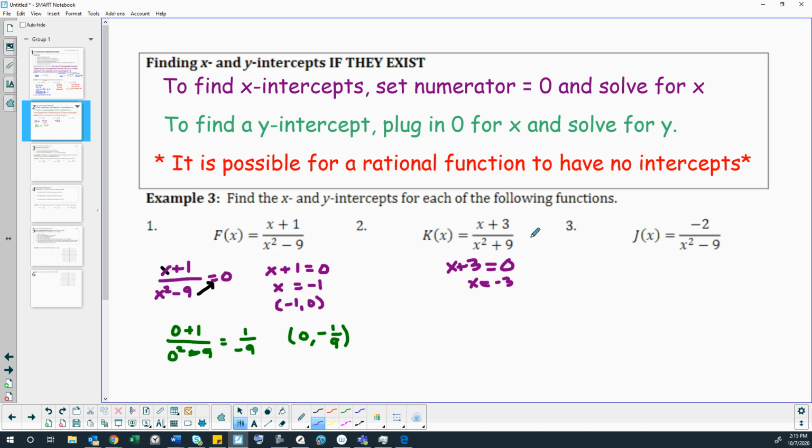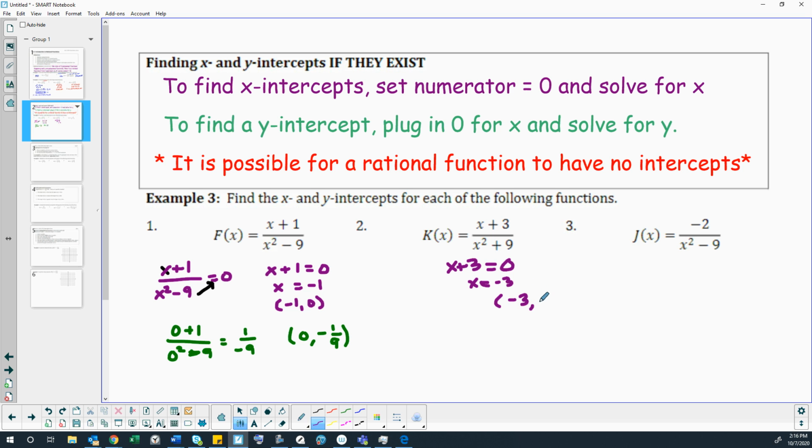Or if it was a cubic, we would get 3 x-intercepts if they were real numbers. I just wanted to make sure that that was clear, that it might be more than one x-intercept, although it'll never be more than one y-intercept, or it wouldn't be a function. Okay, same stuff we learned in chapter 1.